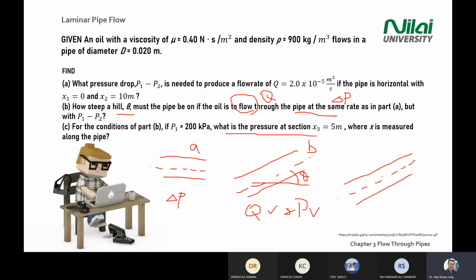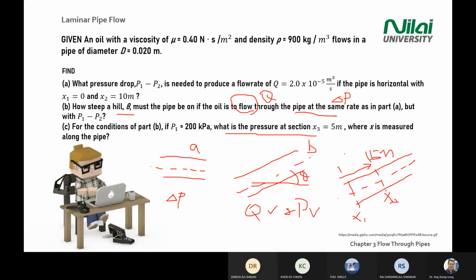Let's say this is point 1. It asks you what is at your x number 3, 5 meter from here. What is the condition of pressure here? What is the P number 3 here? Okay.